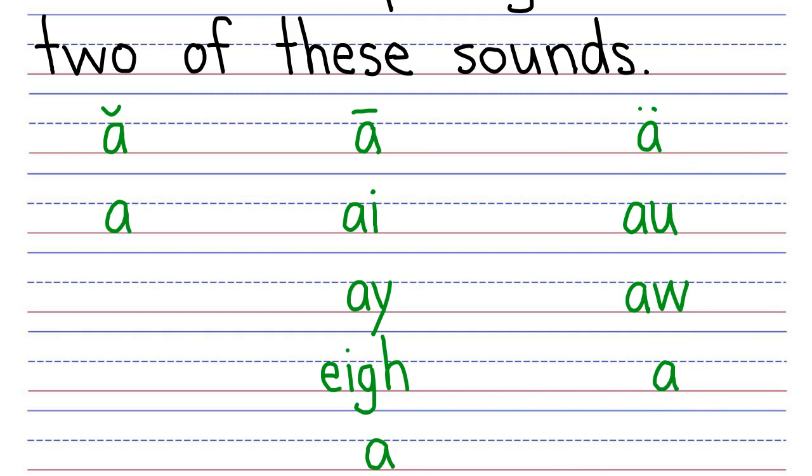Now that you know the letter A is a phonogram that makes 3 sounds, ah, or a, or ah, the next thing you need to know is when does it make each of these sounds. So I put together a little question and answer to help you with this.